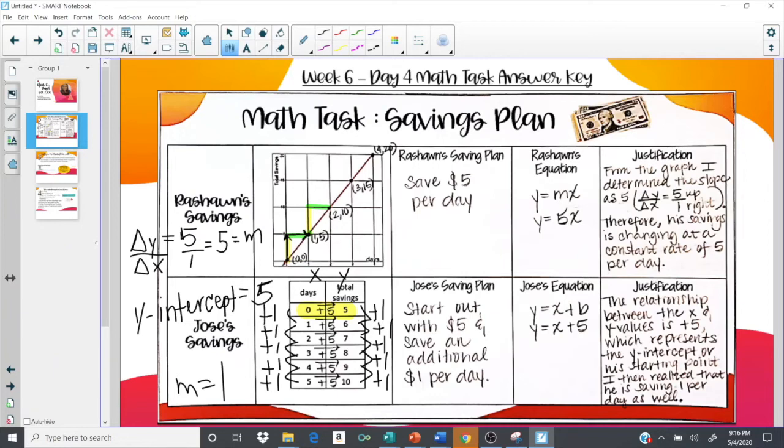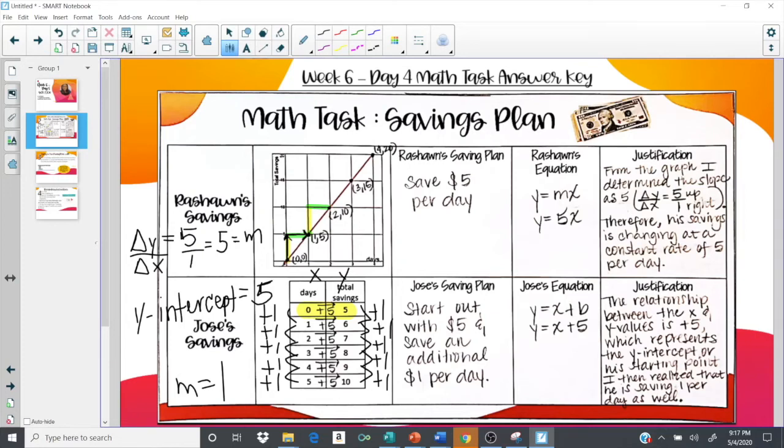Okay? Therefore, you substitute b with 5, and the equation is y is equal to x plus 5. Okay? So you will substitute the number of days that Jose is saving for the field trip and add that number to 5 to figure out how much Jose has saved in total.